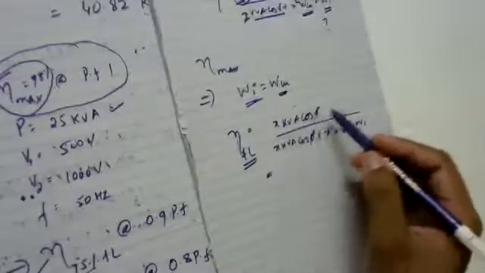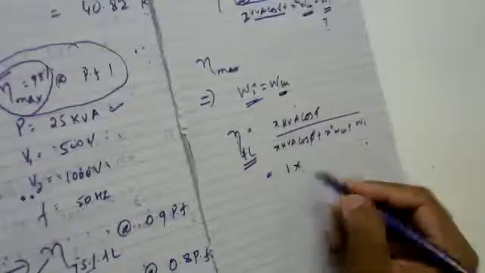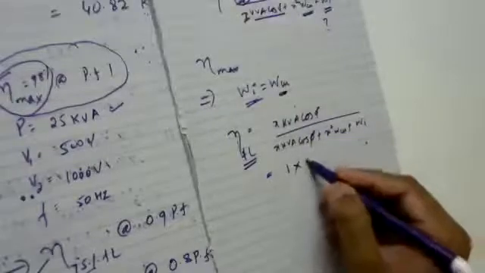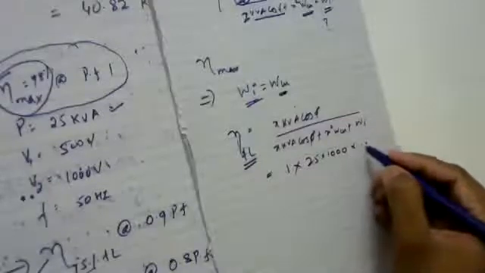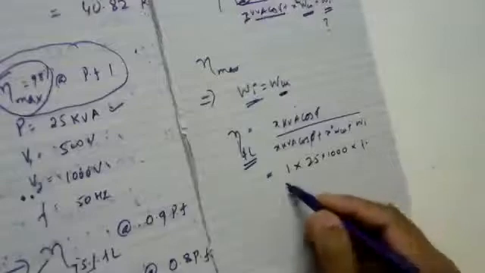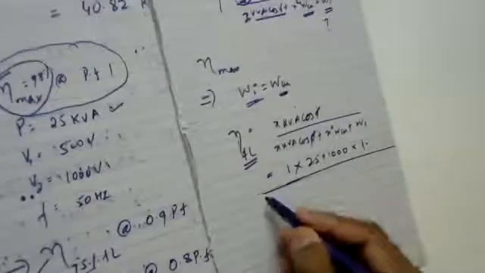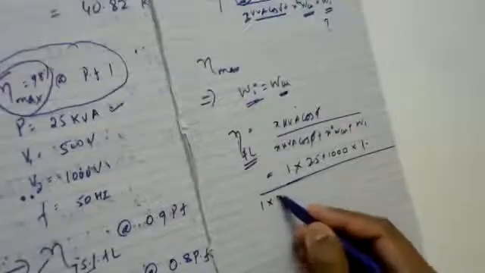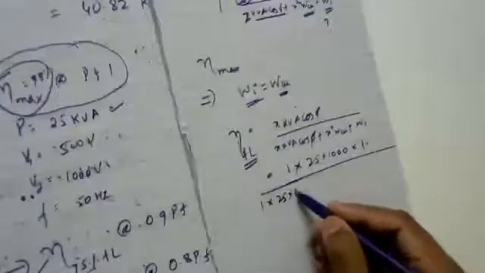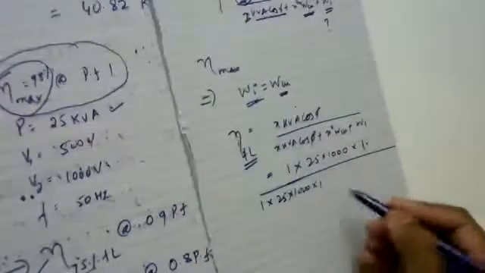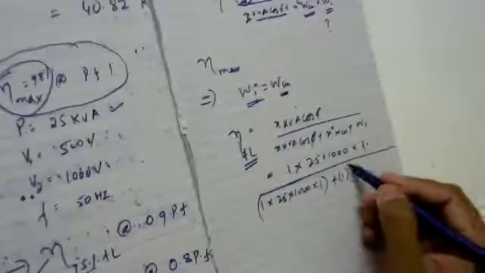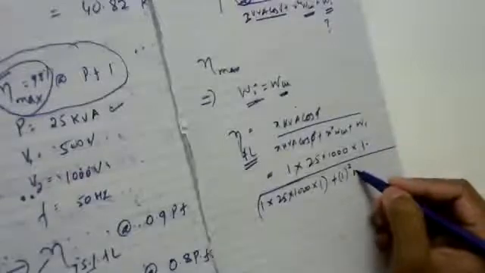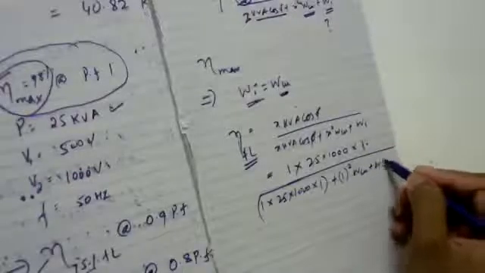Then this is nothing but output power. So x is 1, into kVA is 25, into k that is 1000, into the power factor, which is also unity, divided by 1 into 25 into 1000 into 1, plus x square, which is nothing but the full load, 1 square WCU, plus WI.